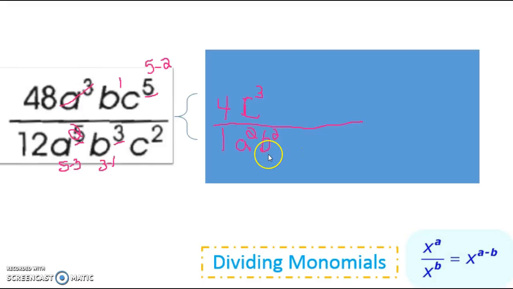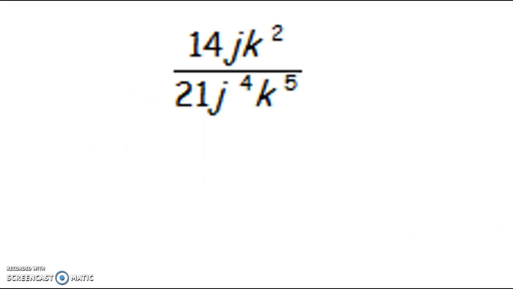Let's try another one. I'm looking at the very first. I do the numbers first, and so I have 14 divided by 21. I can divide 7 out of each of those, and I'll be left with 2 over 3.